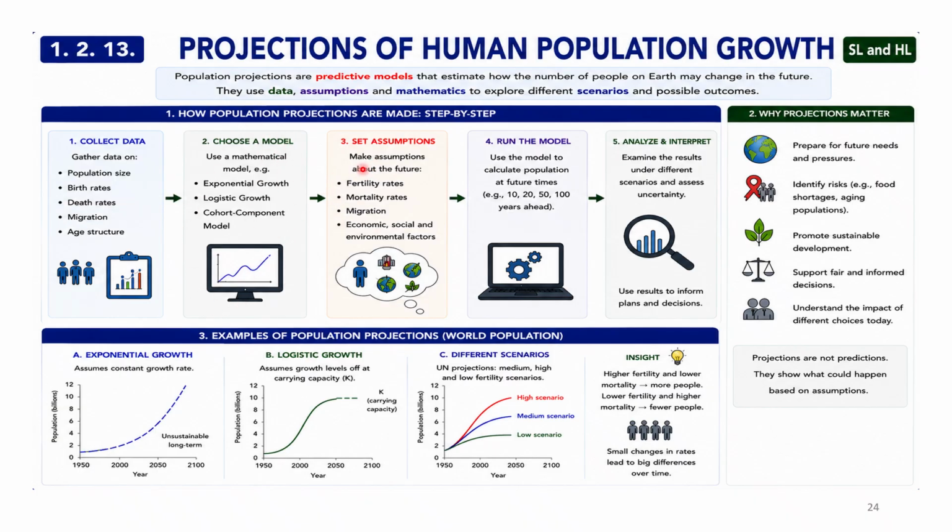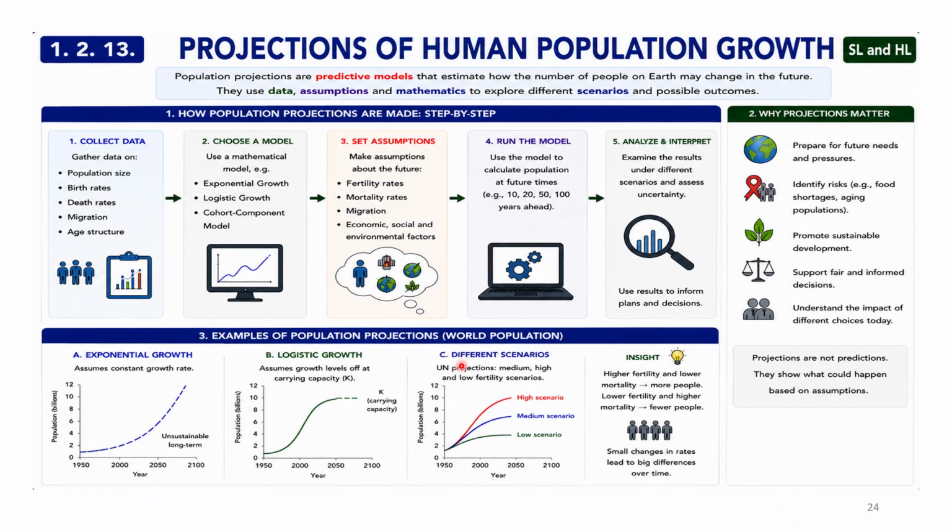Next, assumptions are made about future fertility, mortality, migration, and social, economic, or environmental conditions. The model is then run to project population changes over decades, and the results are analyzed under different scenarios. For example, the United Nations develops low, medium, and high fertility projections to explore a range of possible futures.